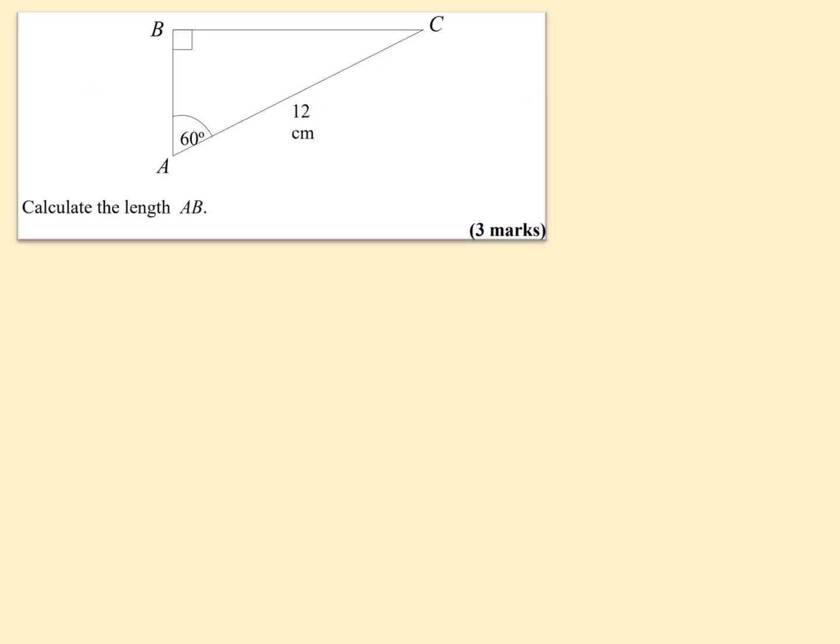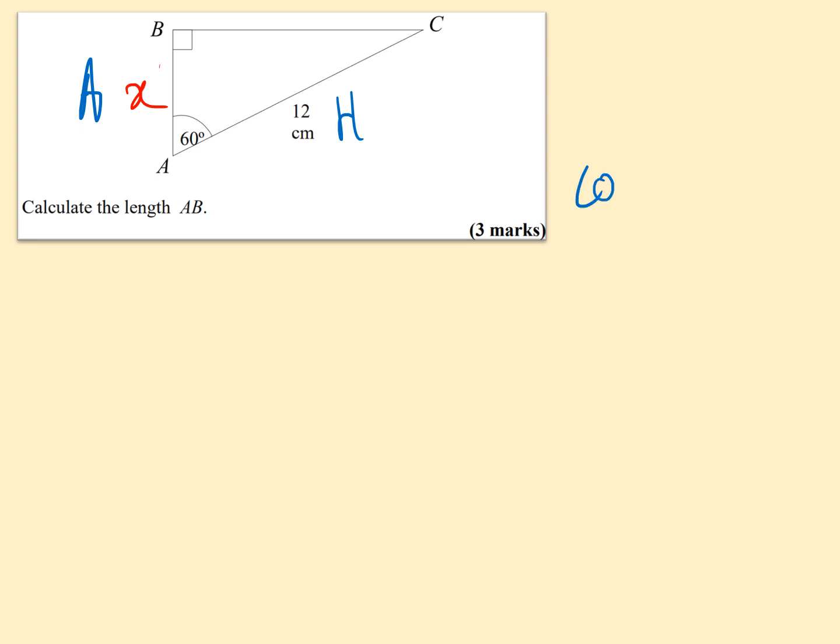Last one, you might want to pause the video and give this a go, see how far you can get on your own. Okay, and on this one, I'm looking for the length AB. Let's call that one x. And then let's label this triangle up. I'm looking for the adjacent side of this triangle. We've got the hypotenuse, and if I go through SOHCAHTOA, that means I'm using cosine.